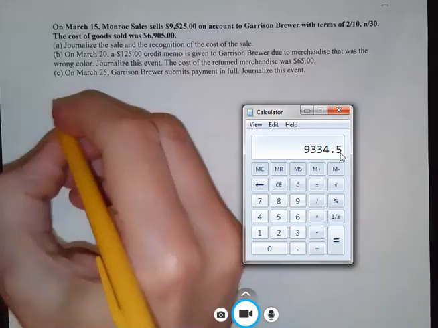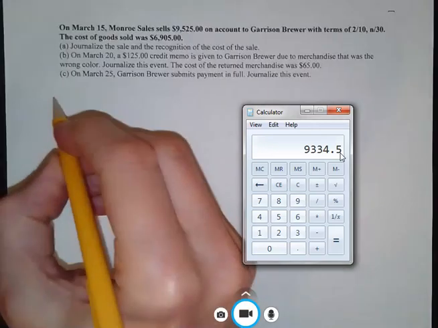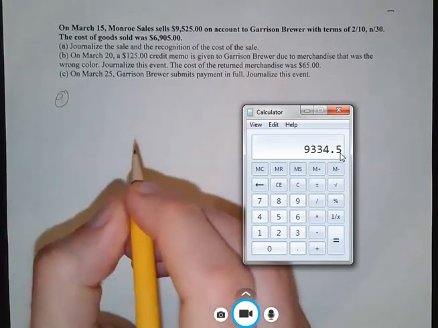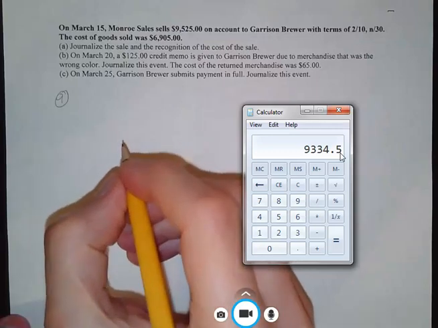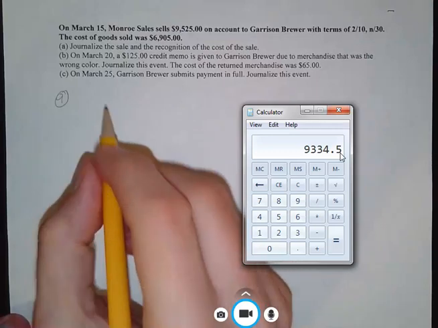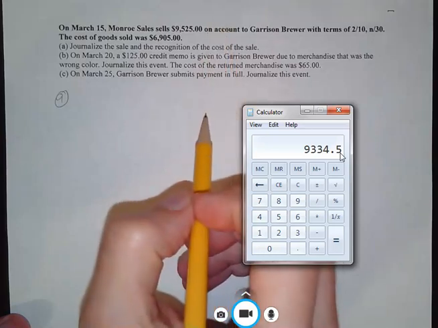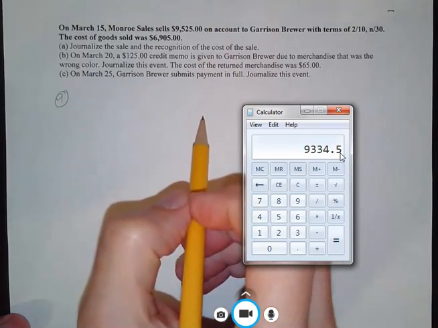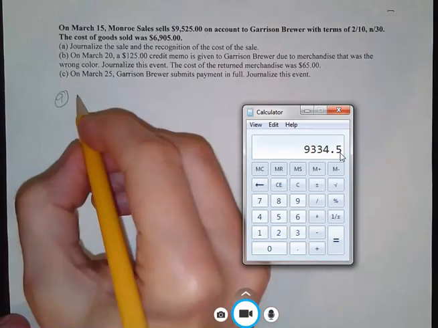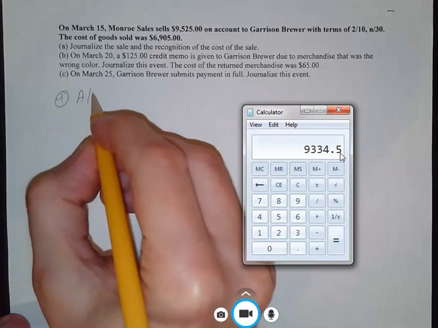So A is what we're working on here. And again, notice it does say on account. Otherwise, if it was cash, you would just get the discount for sure, and we wouldn't have to have any discussion about it at all. So I'm going to do a little bit of abbreviating here.